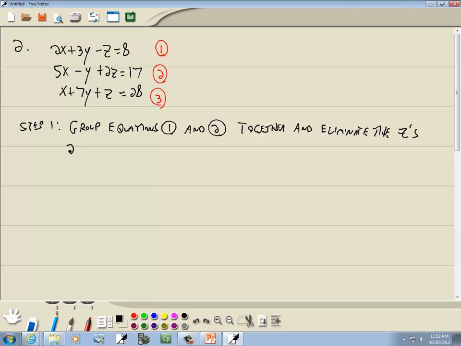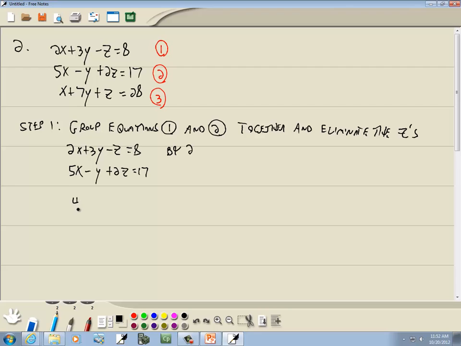So I have equation 1, which is 2x plus 3y minus z is equal to 8. And 5x minus y plus 2z is equal to 17. And we want to eliminate the z's. Well, this is a positive 2z here. We would need this to be a negative 2z. So we're going to multiply everything in the first equation by 2.